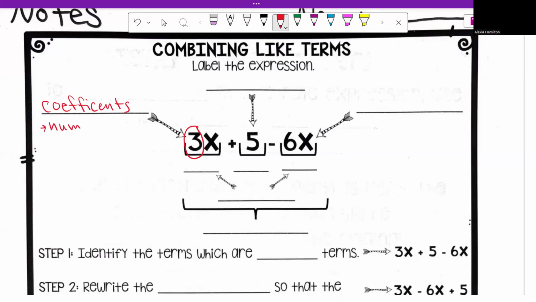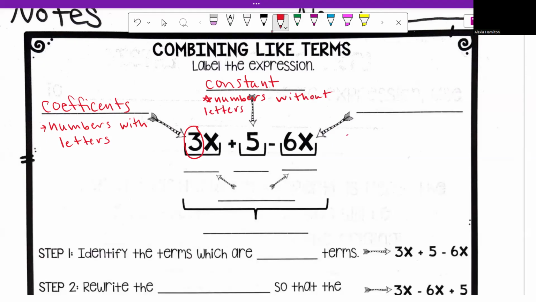The middle arrow up at the top is pointing to the 5. That is a constant. A constant is a number without letters.